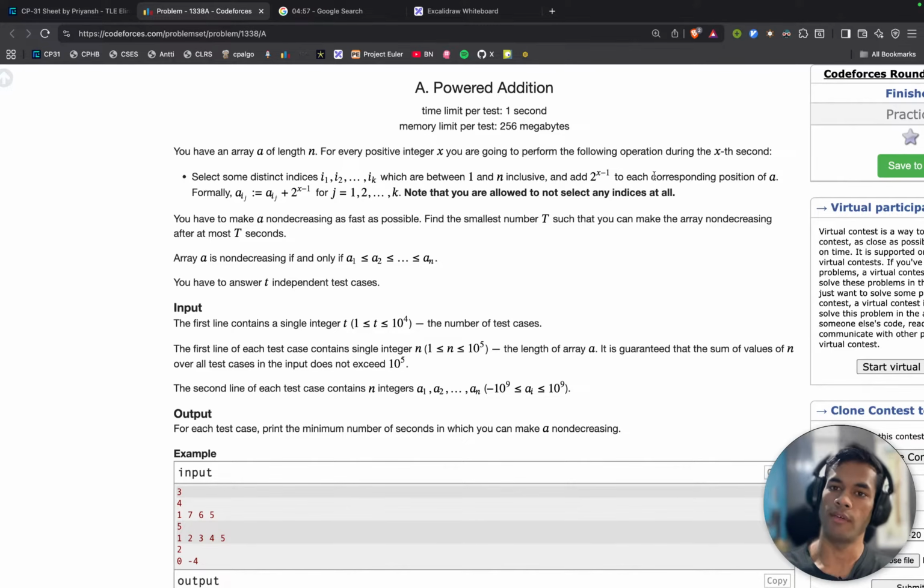So now I have the maximum amount that I need. First I'll add 1, then 2, then 4. So what is the greatest power of 2 that I need to add? Similarly, if I need to add 5, I will first add 1, then 2, that is 3, and then 4. I'm already at 5. So I need the sum.